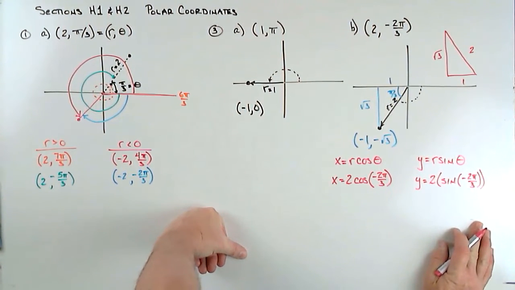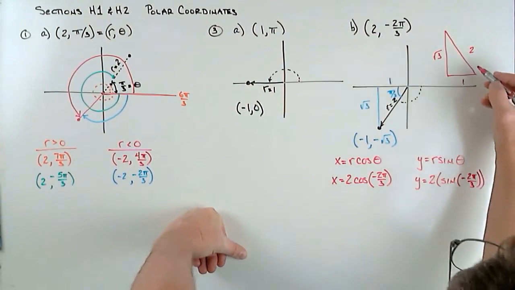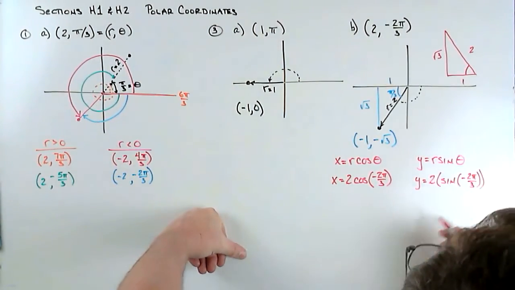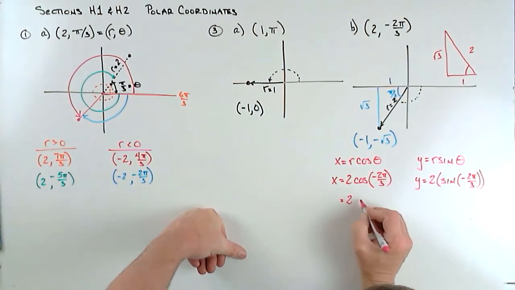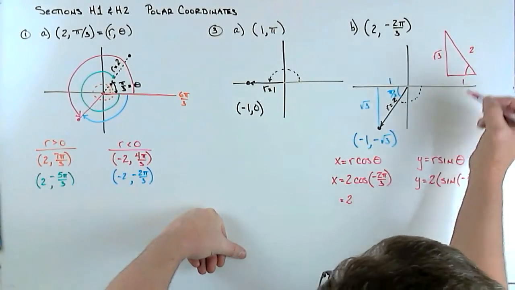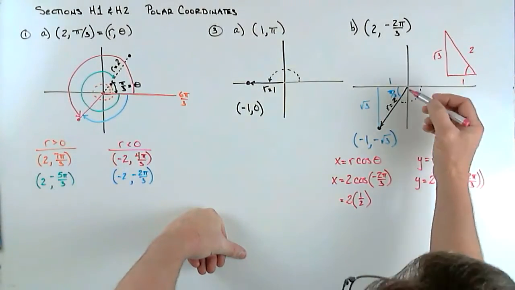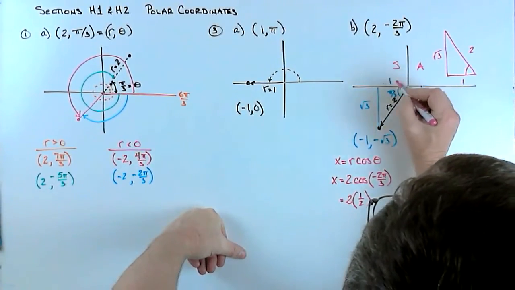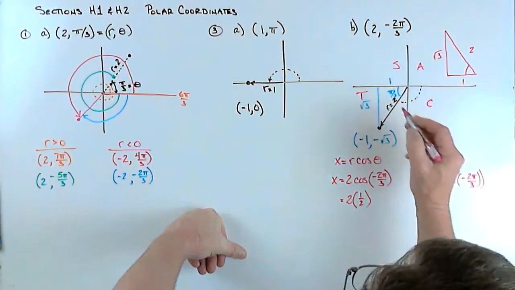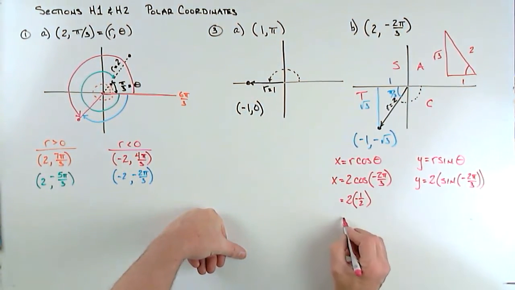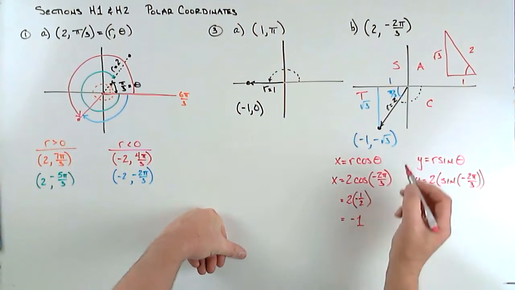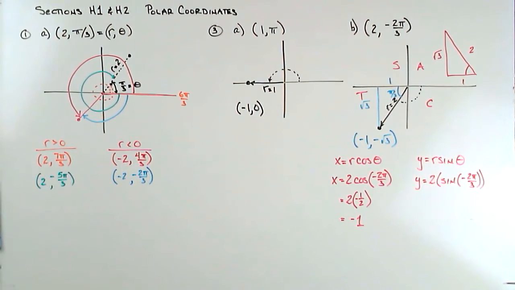Pi over 3 is here. So cosine of that is going to be adjacent over hypotenuse, that's going to be 1/2. And then we would have to remember that all students take calculus. Cosine is negative in the 3rd quadrant, and that would get us our -1 that we got right there.